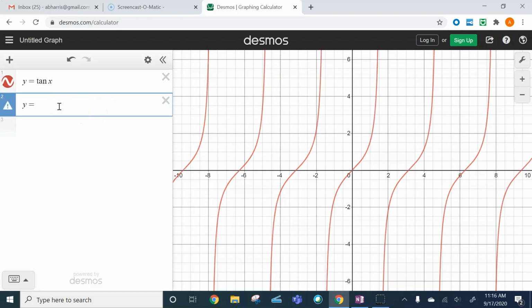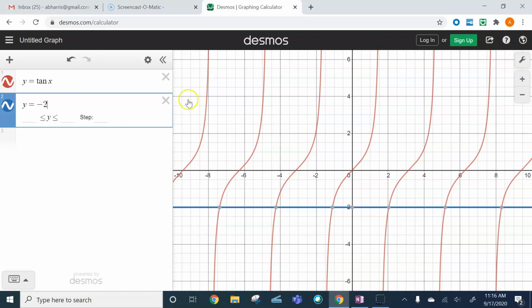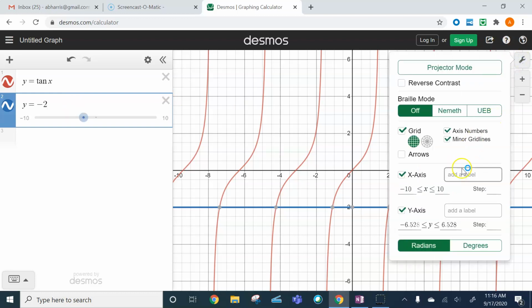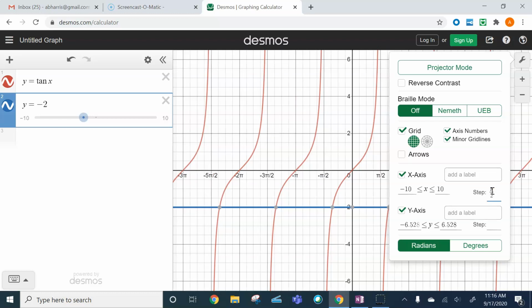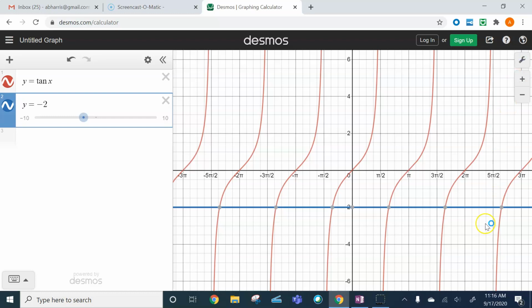Here's y equals -2. You see, when we ran the arctangent, it gave us this theta between negative pi halves and pi halves, that negative 1.107. But we want these ones right there.